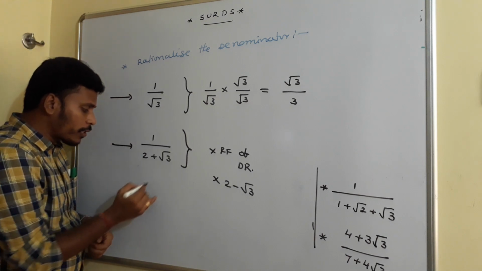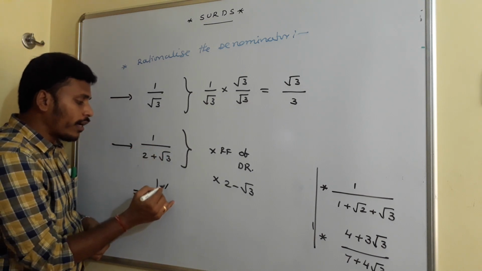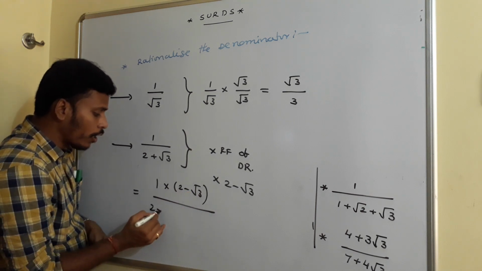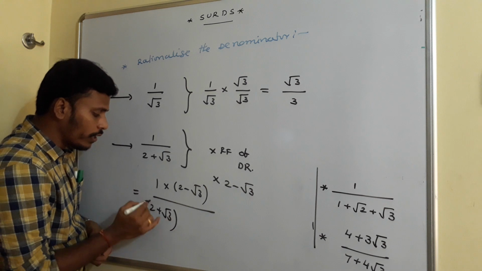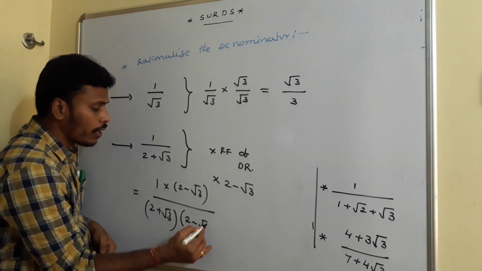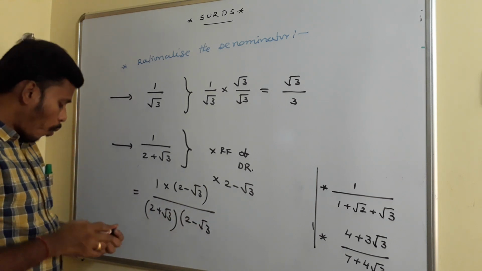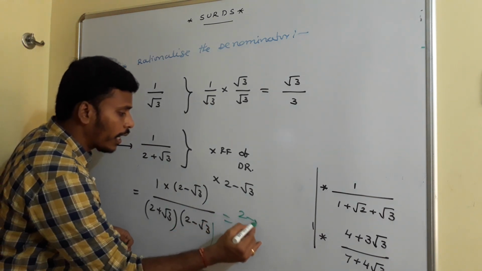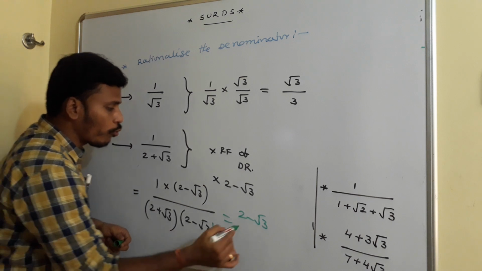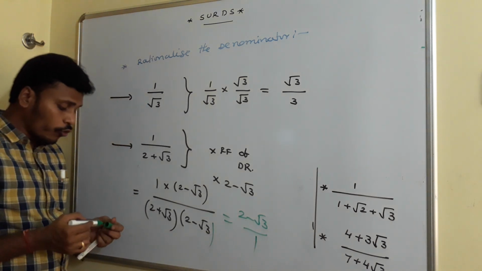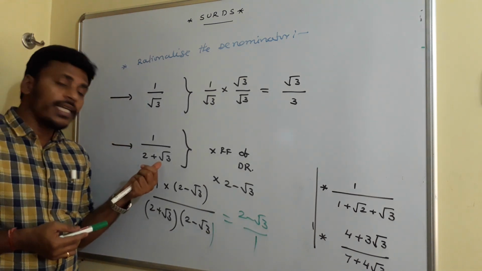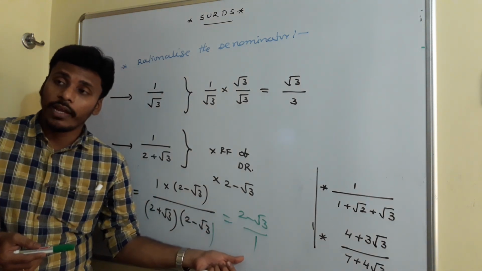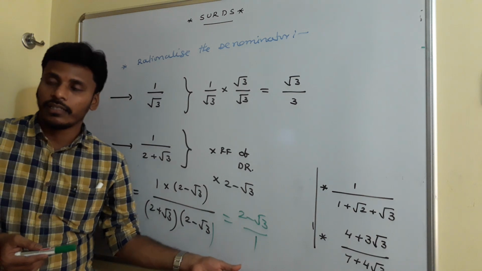So, for this problem, you need to multiply numerator 1 with 2 minus root 3 as well as denominator 2 plus root 3 also with 2 minus root 3. On simplification, 1 into 2 minus root 3 is 2 minus root 3. And 2 plus root 3 into 2 minus root 3 is 1 itself. Now 1 by 2 plus root 3 is equivalent to 2 minus root 3 by 1, but the denominator of this 2 minus root 3 by 1, this 1, is a rational number.